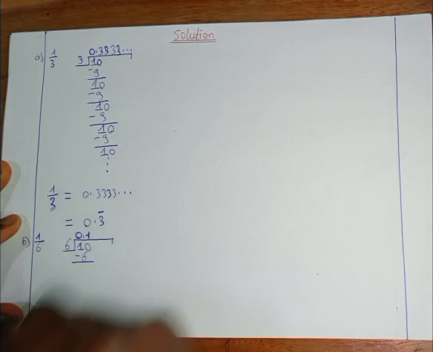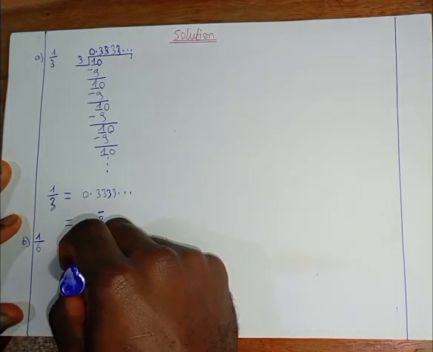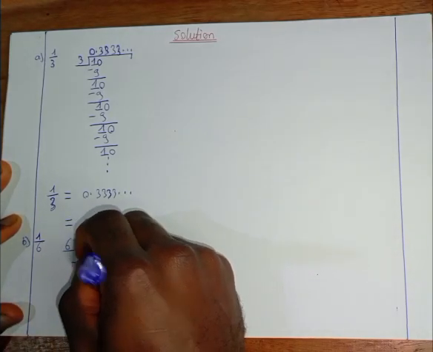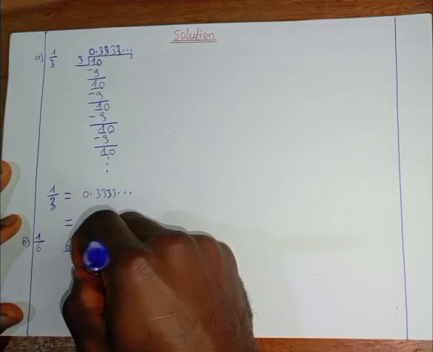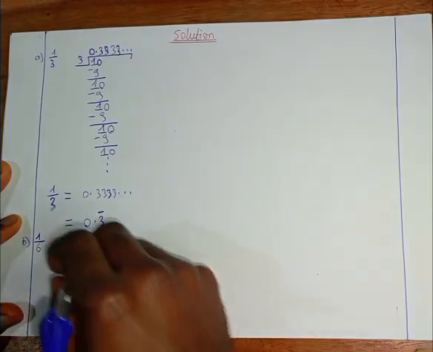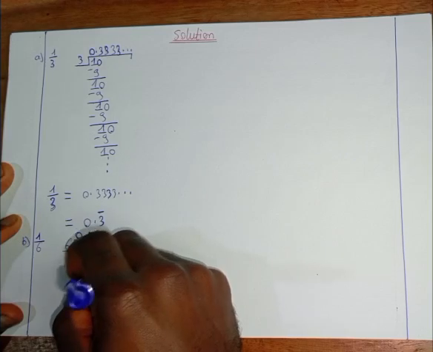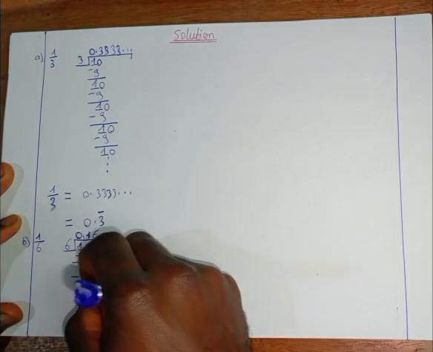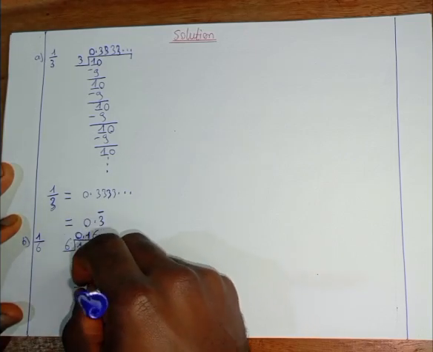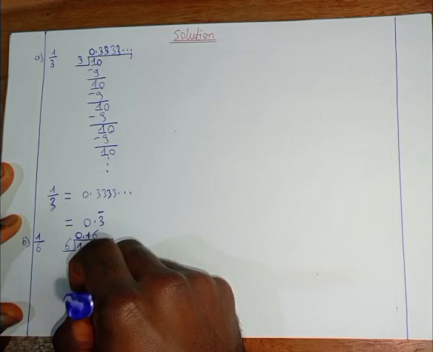We subtract. 10 minus 6 gives 4. 4 is less than 6, so we attach a 0 for the second decimal place. 40 divided by 6 gives us 6. 6 times 6, 36. We subtract. 40 minus 36 gives us 4.